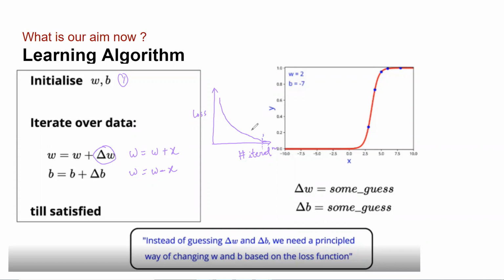When I say satisfied, it means the level of iterations from where I do not see any change in the value of loss. Okay, so this update criterion is clear to you. We will see what this W, delta W and delta B are.